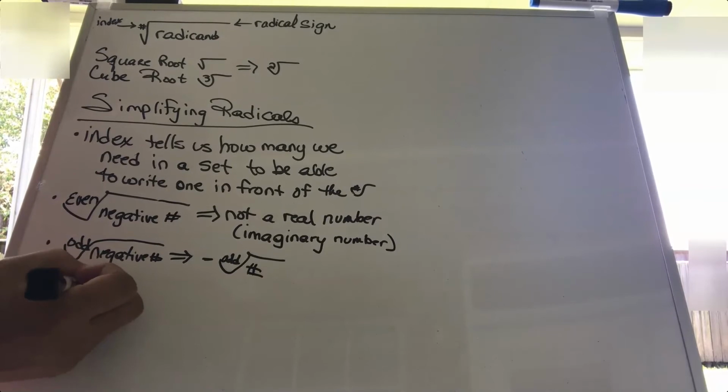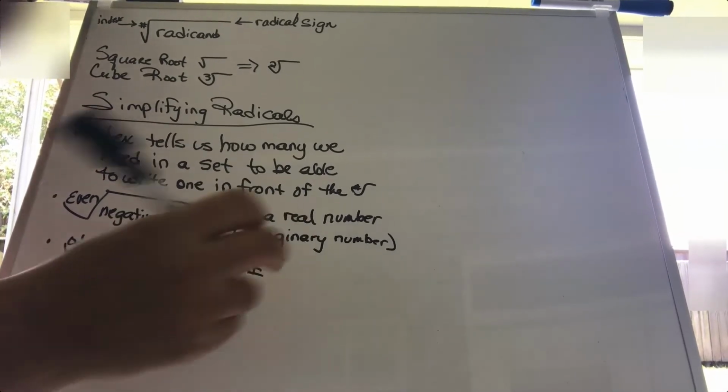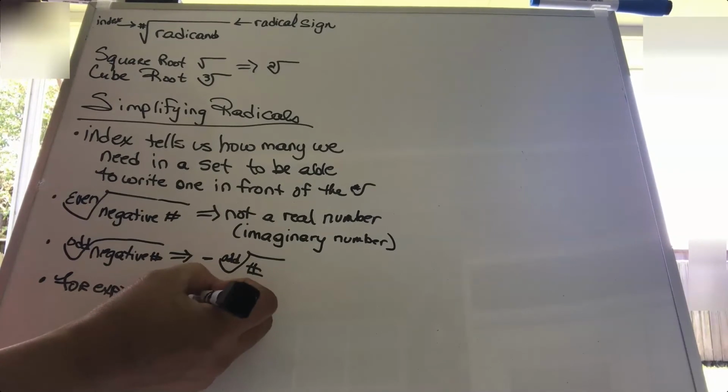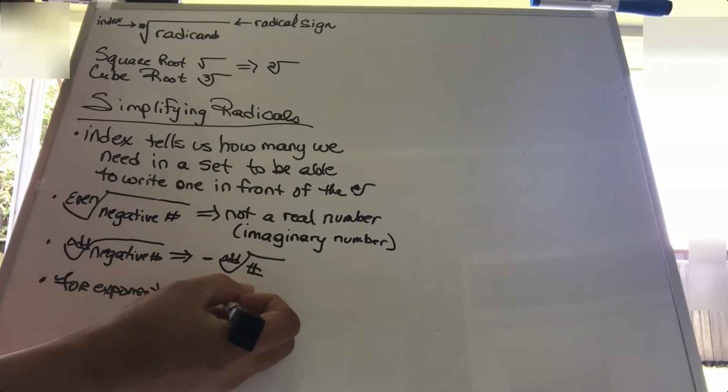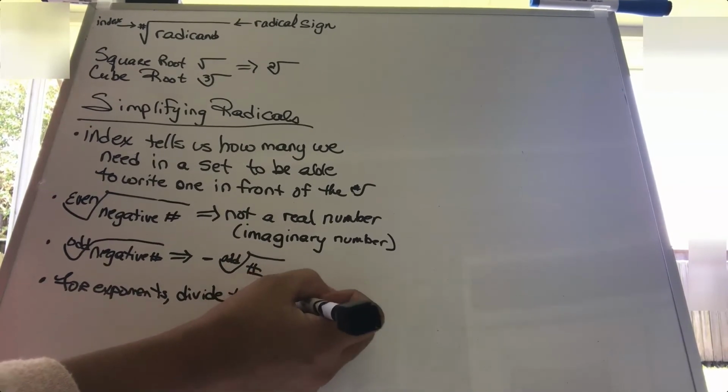We said for exponents, we're going to divide the exponent by the index.